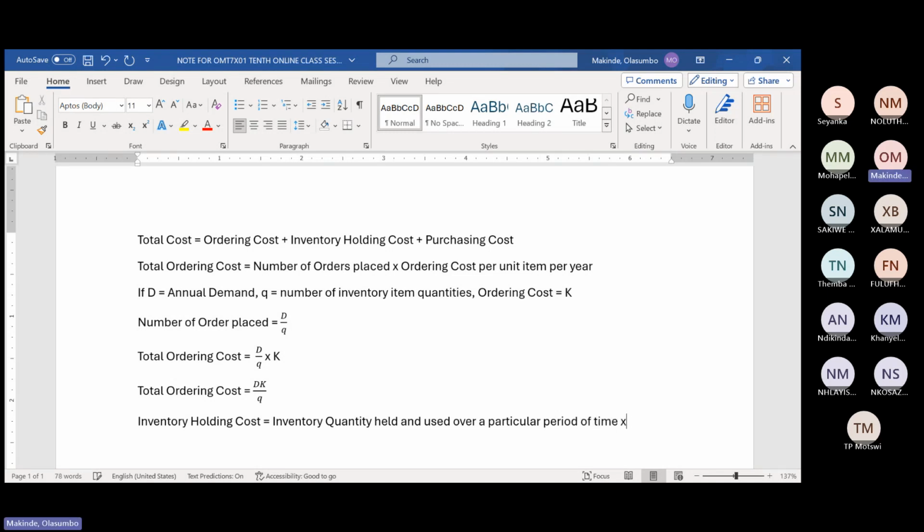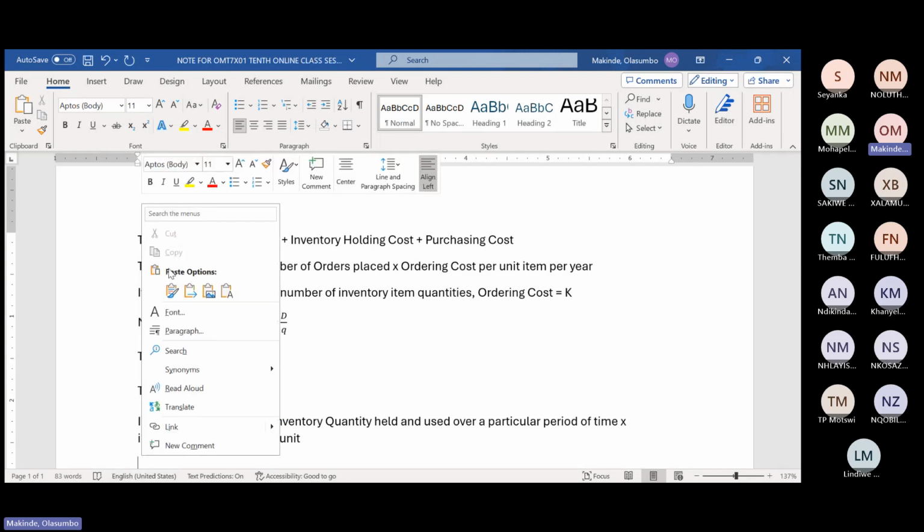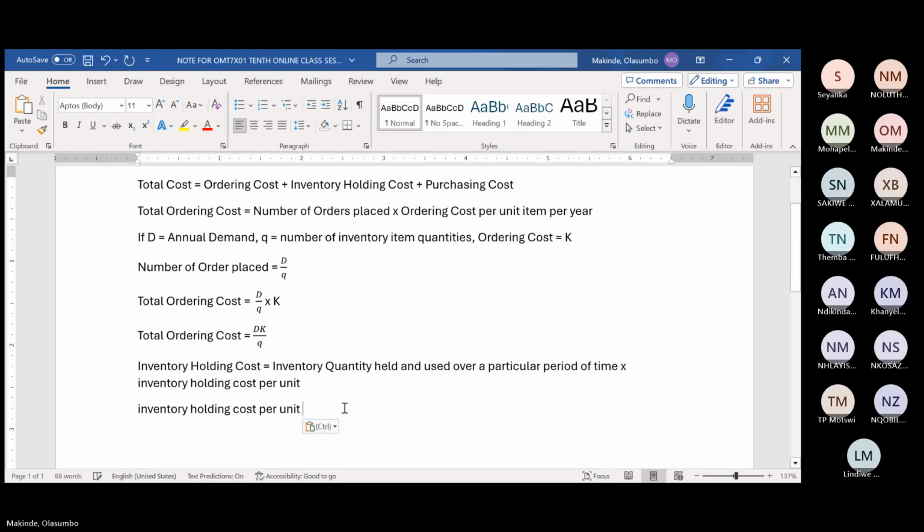Because don't forget, we want to work out the cost depending on how many units of inventory you are holding times the inventory holding cost per unit. And the inventory holding cost per unit, based on the assumption of the EOQ model, we represent as H.